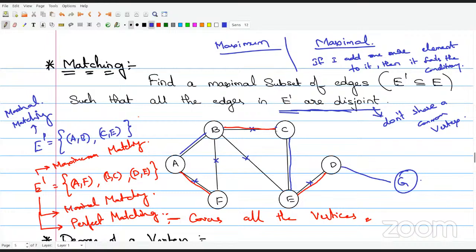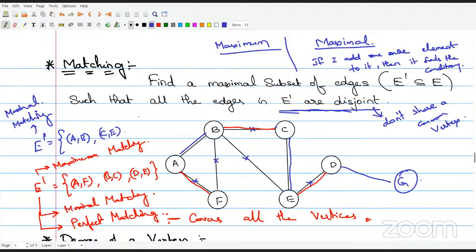Then C will remain. And with the blue E dash, if we add DG, then F is not covered.